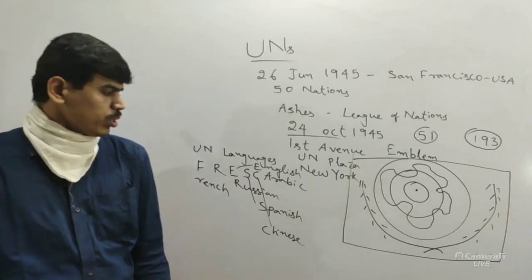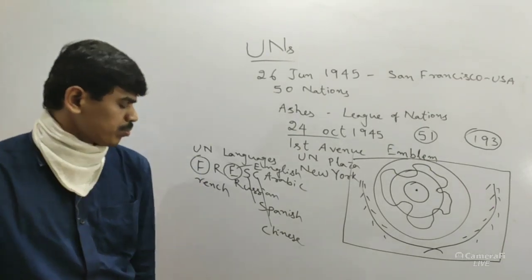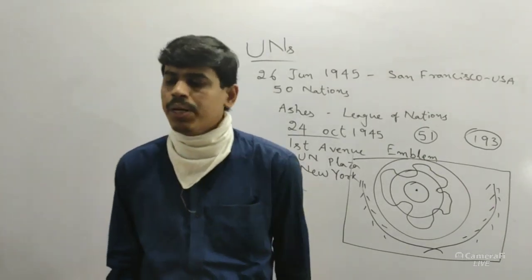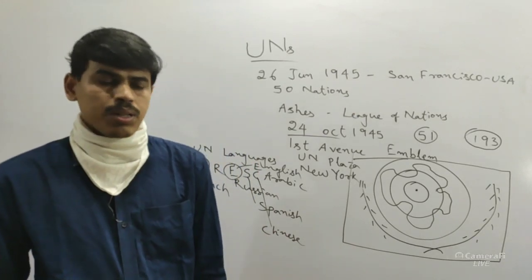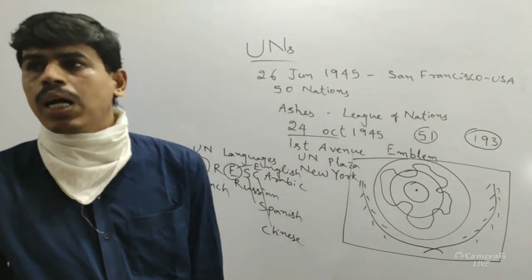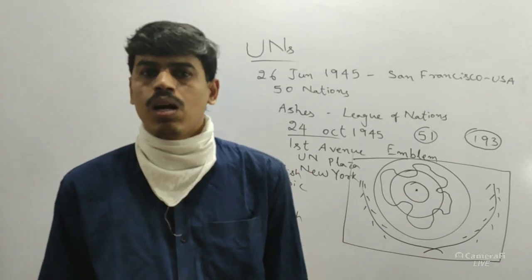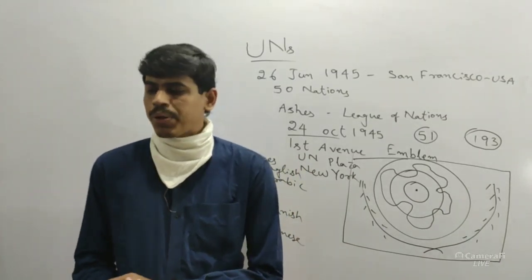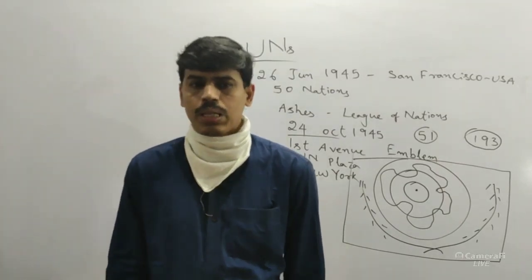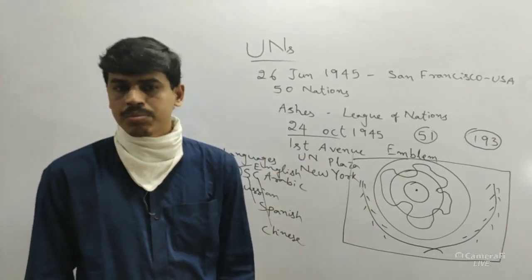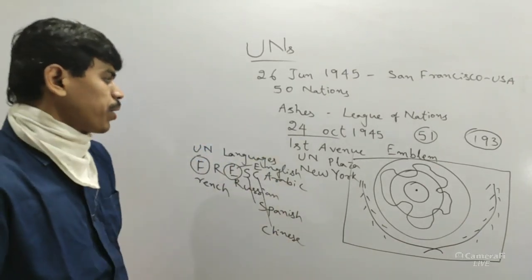But mainly for official purposes, French and English are used. There is also a demand that Hindi should be a UN language. For the first time in the history of the United Nations, Atal Bihari Vajpayee was the first Indian leader who spoke in Hindi in the United Nations General Assembly in 1978.